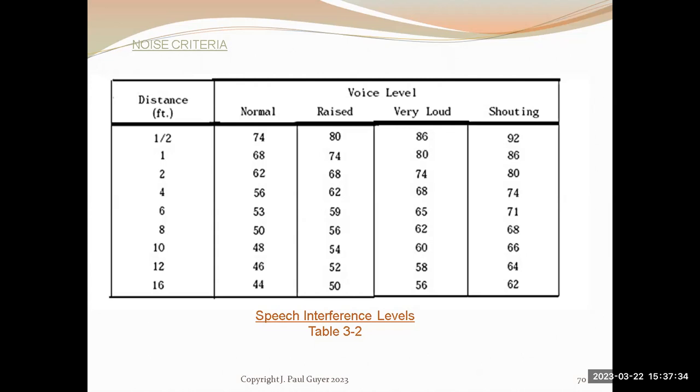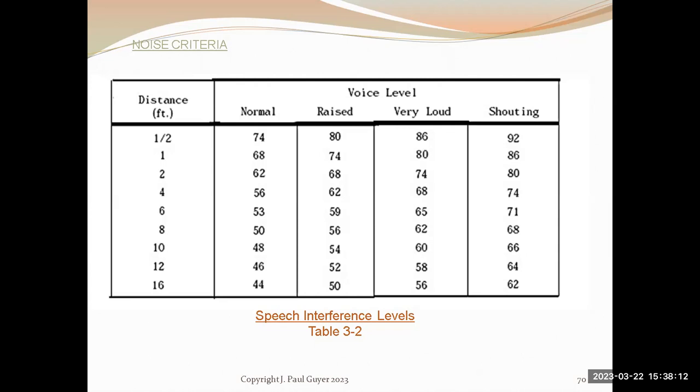As an example, if two people are 6 feet apart and you want them to be able to communicate in a normal tone of voice, then you would want to design the building so that the speech interference level or the sound level in the receiving room did not exceed 53 decibels, and so on and so forth.